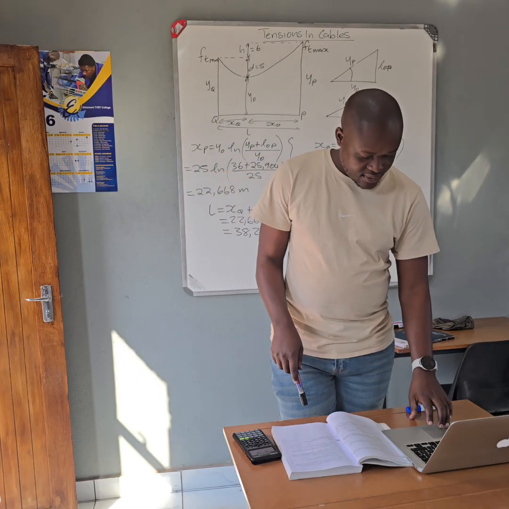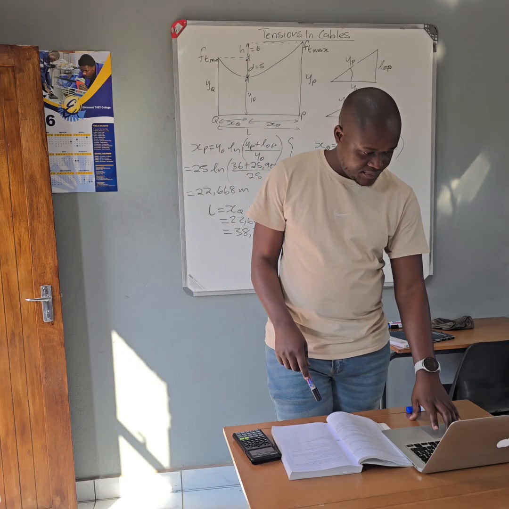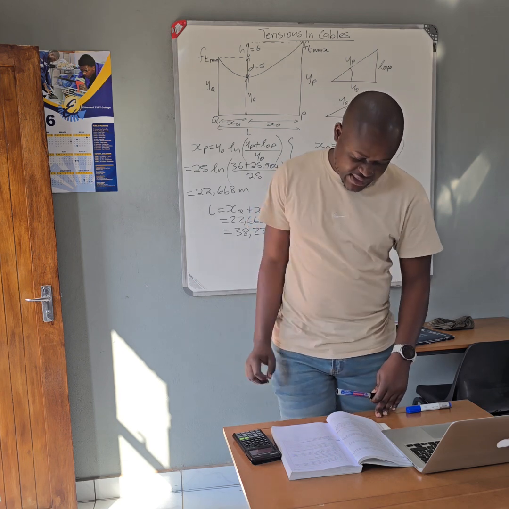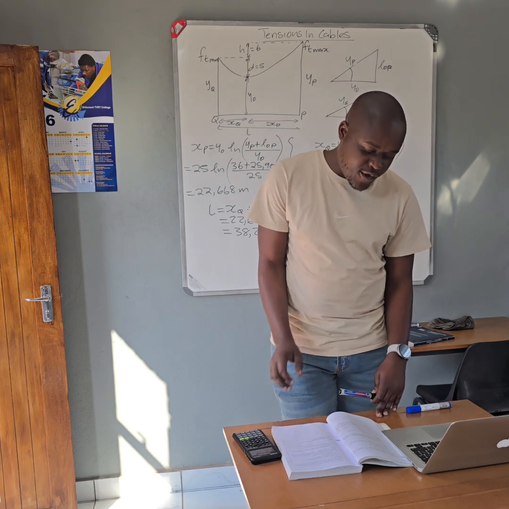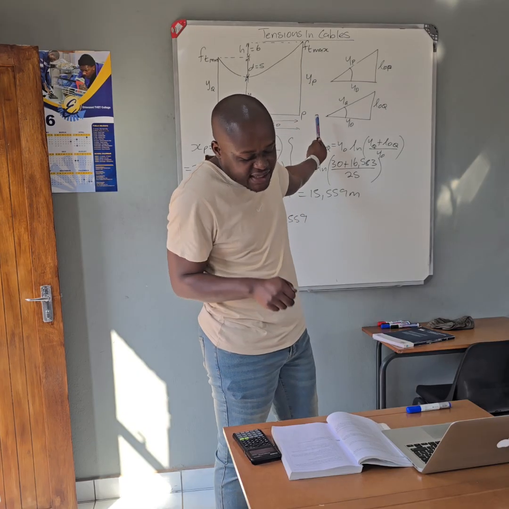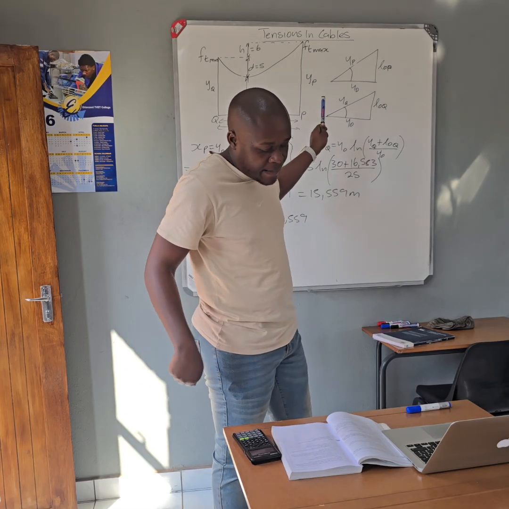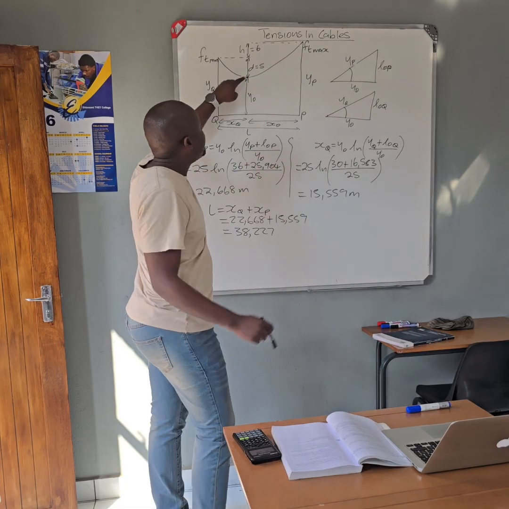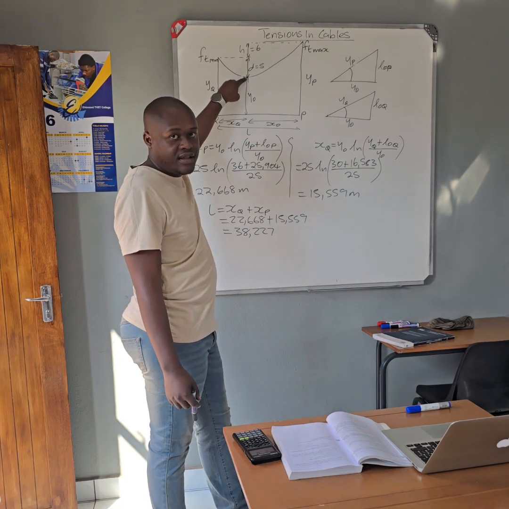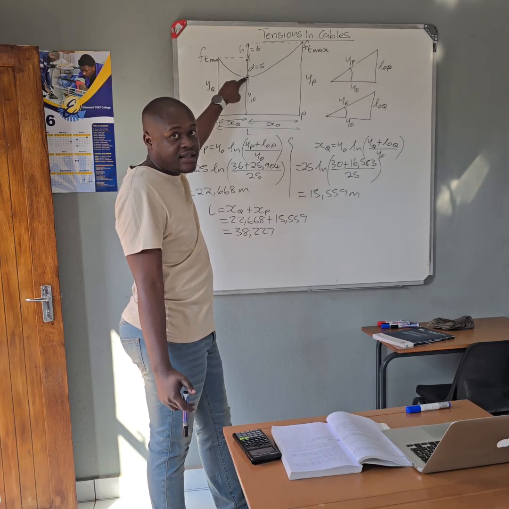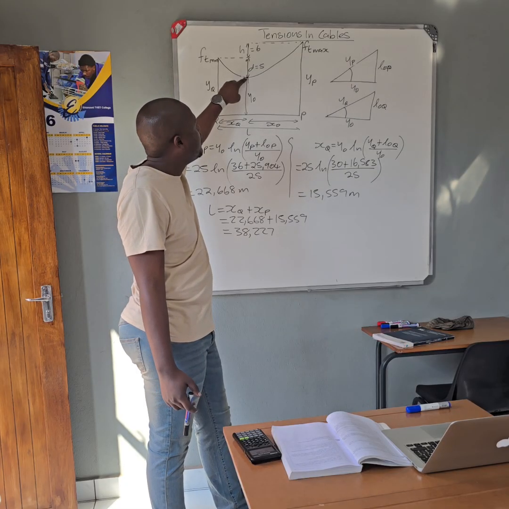And then the fifth question is saying calculate the horizontal distance from support P to where the tension in the cable is going to be 260. Remember, the tension here at O is equal to 200, the minimum tension in the cable.